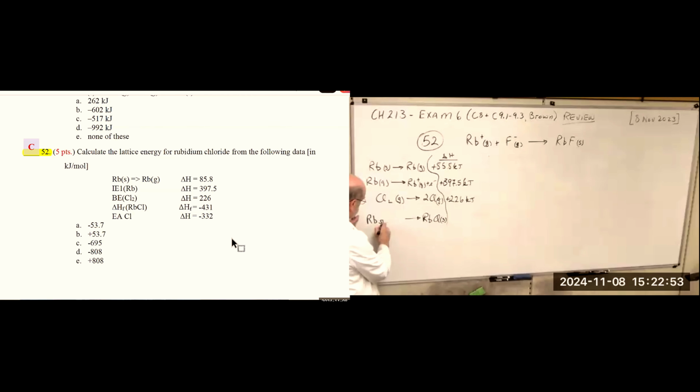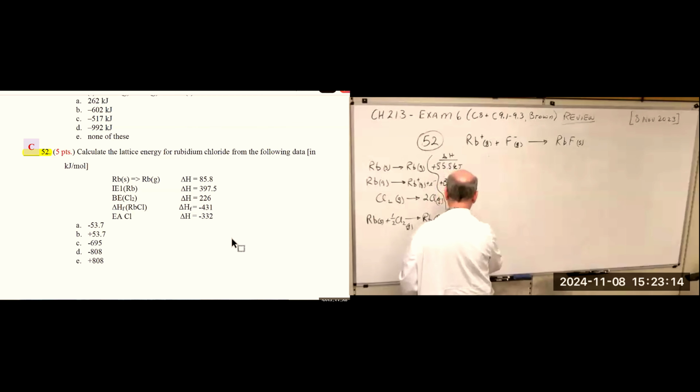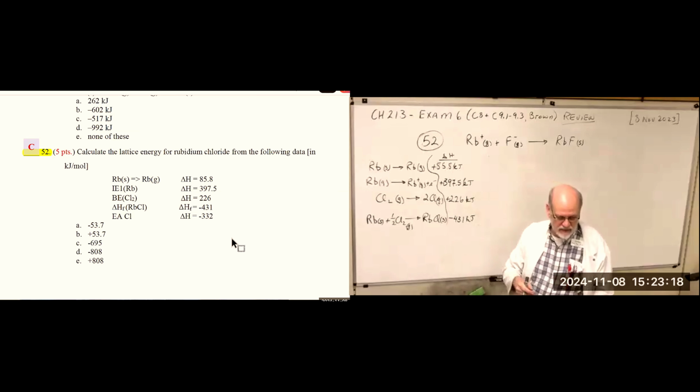So rubidium would be a solid, right? It'd be a metal solid. But chlorine would be Cl2 gas. And we only need one of them, so we would say 1/2. That would be the expression for the heats of formation, minus 431. That's an exothermic process.